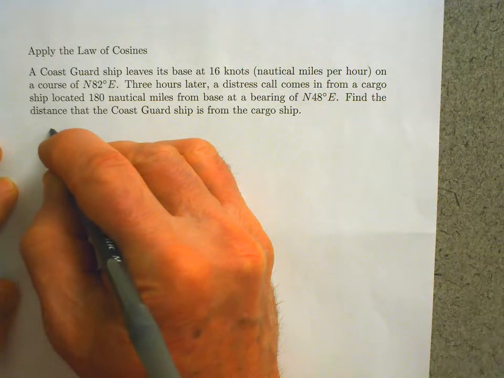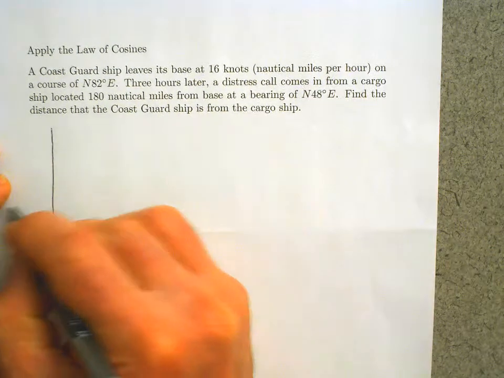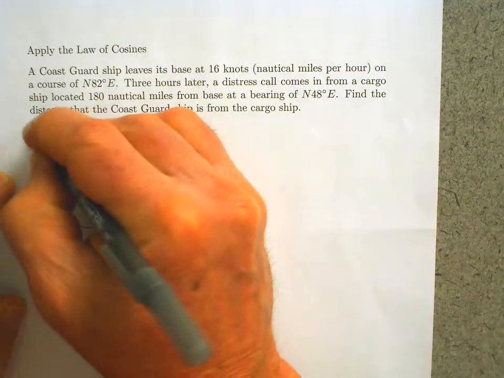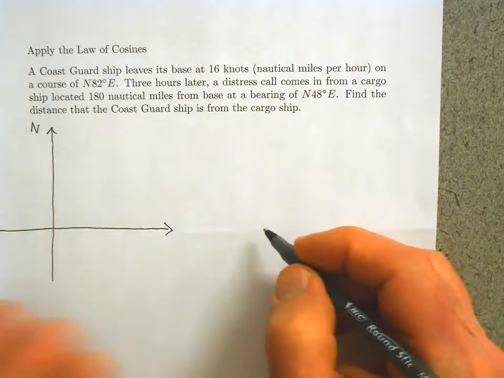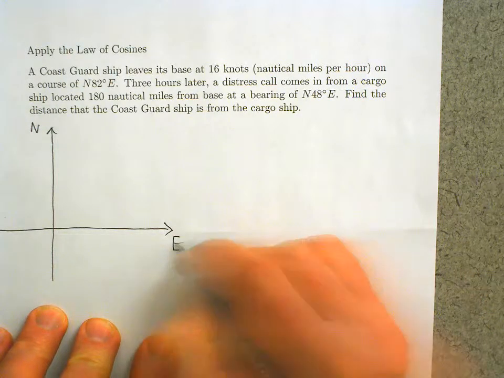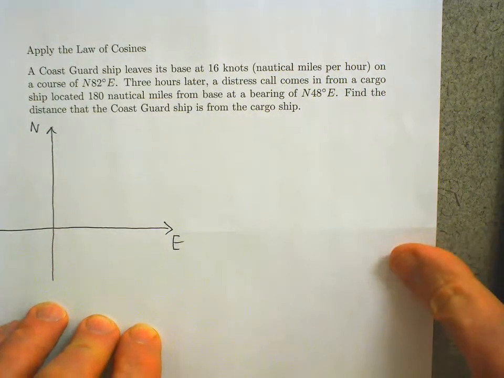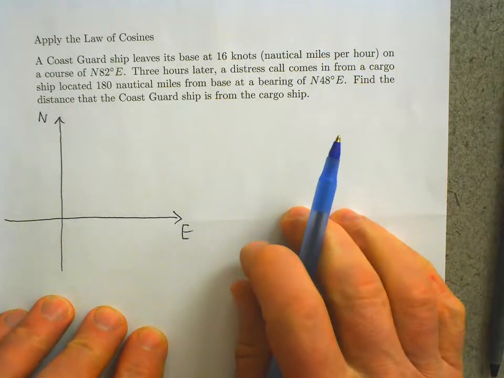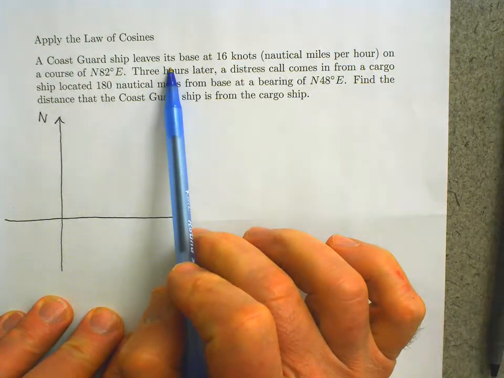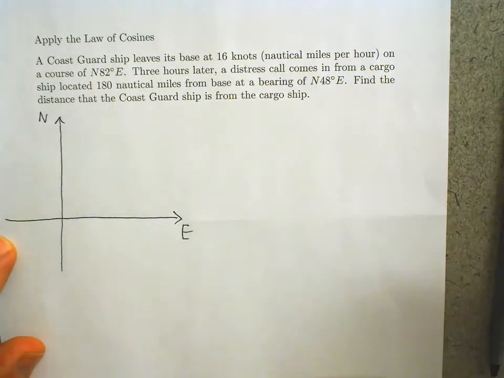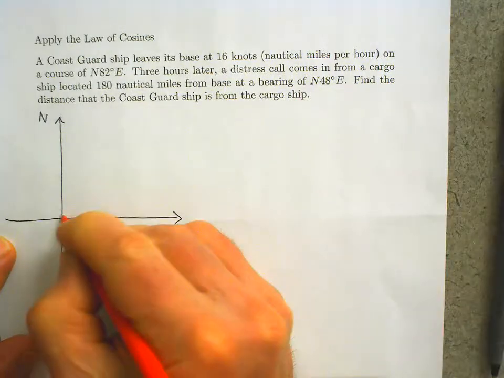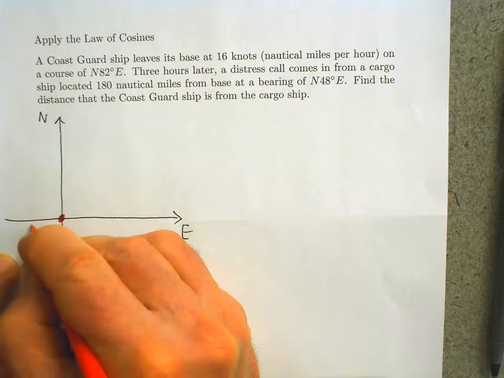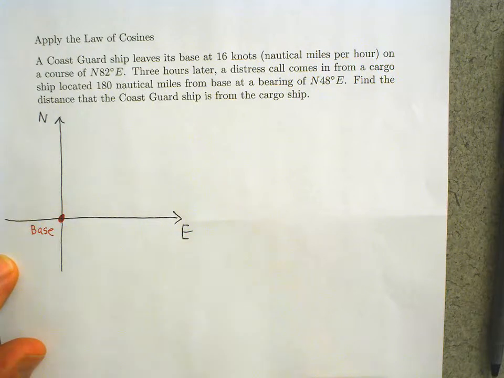Okay, so on a map, the upper vertical is north and the rightward horizontal is east. Okay, so a Coast Guard ship leaves the base. So the origin, the intersection of the axes, is the base in this picture.